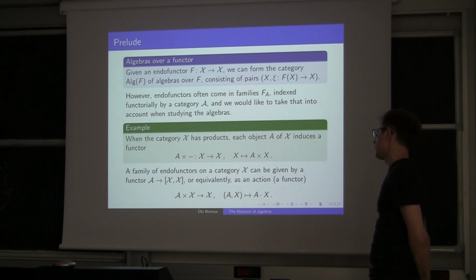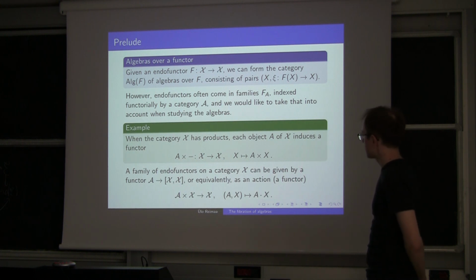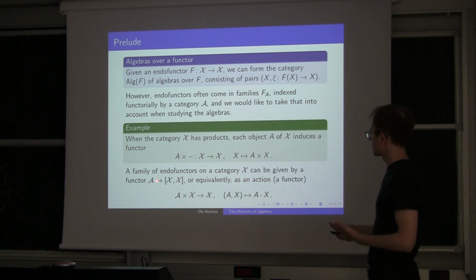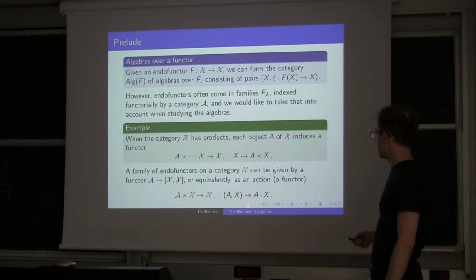Now, it is quite, I think, conceptually helpful to think about this functor instead in the adjoint form, where we take some object of the category of parameters and an object of the underlying category, and consider this dependence as an action of the category of parameters on the underlying category.